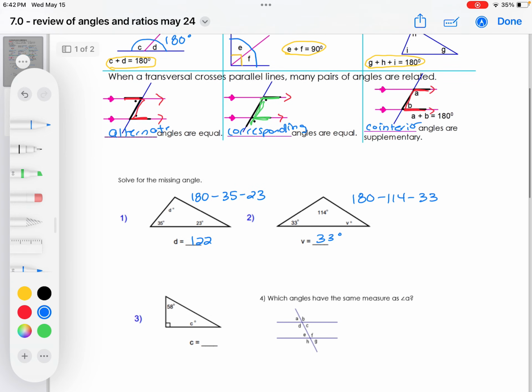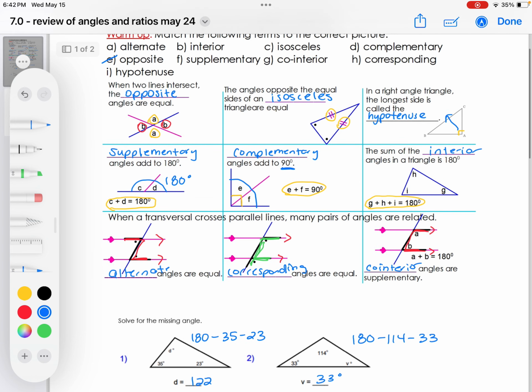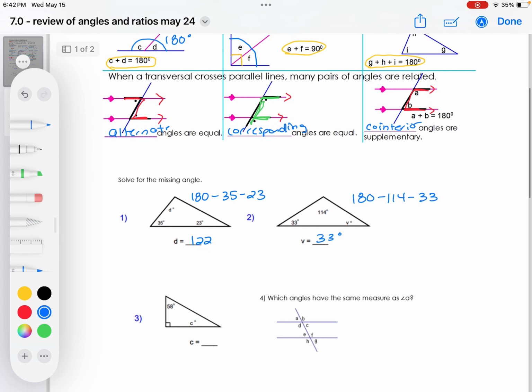Okay, so now with this question, you can use the interior property, but also when you have a right angle triangle, because 90 is half of 180, you can do 180 minus 90, because this is 90 degrees here, minus 58, or you can do 90 minus 58 and you would get the same answer, which is 32 degrees.